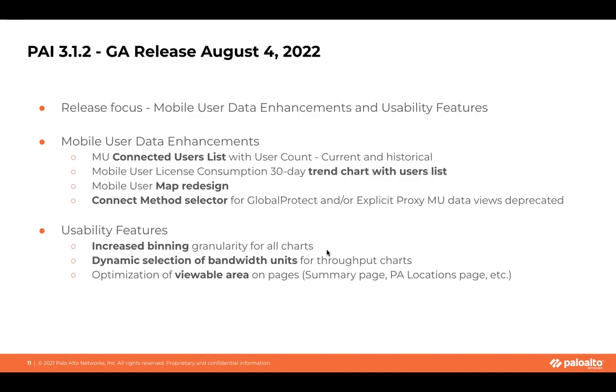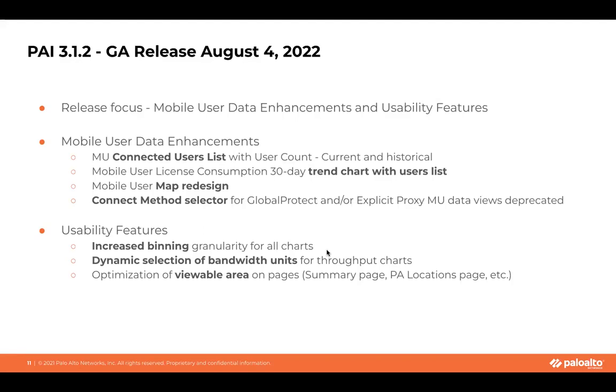Another usability feature, which didn't really change any of the data, but definitely improves your experience with the page, is that very often the pages would have a lot of white space because there was nothing new to report, or there was not enough data to show you on the page.